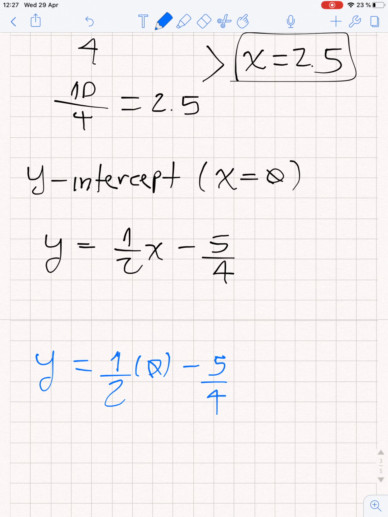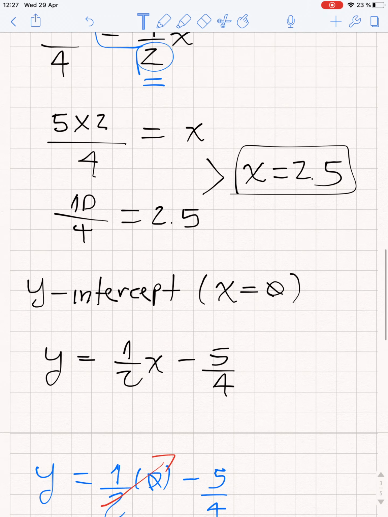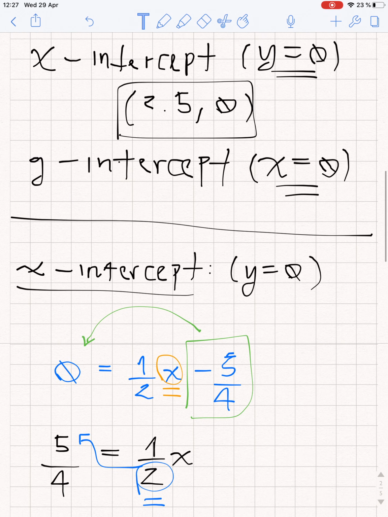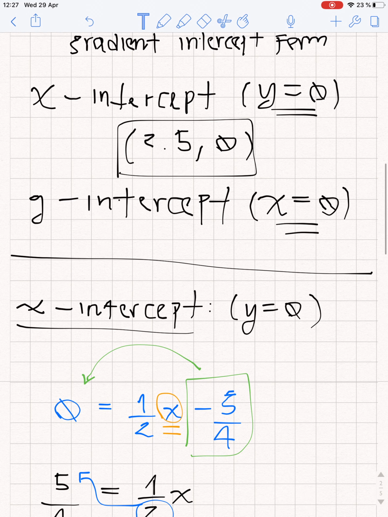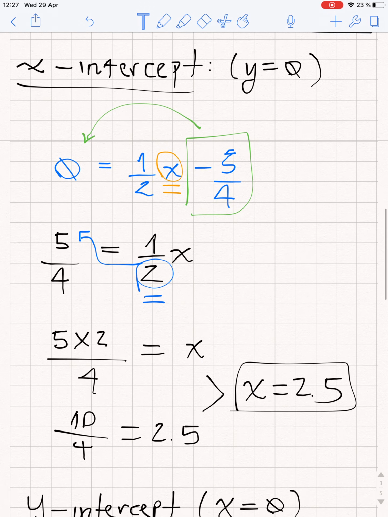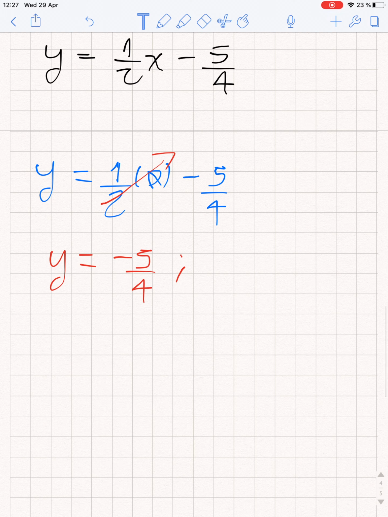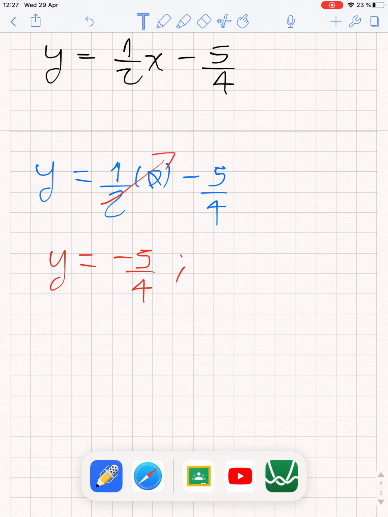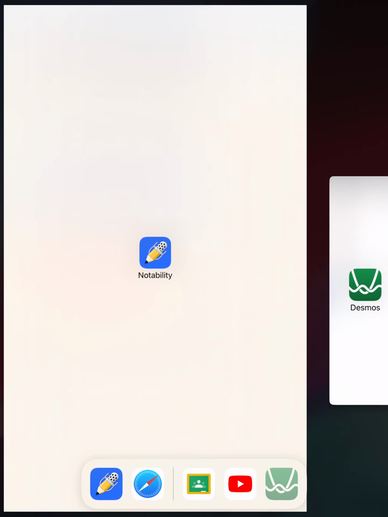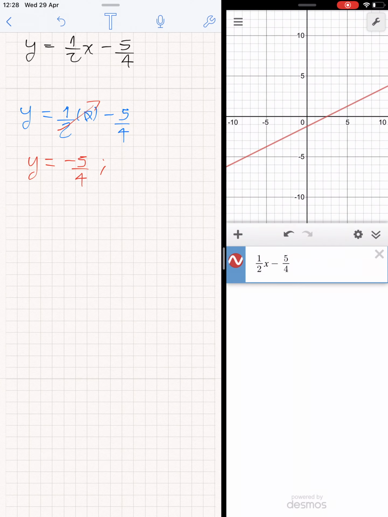That means we can cancel out this part because multiplying by 0 is 0, and the final answer of y is equal to minus 5 divided by 4. In fraction form, the y-intercept is minus 5 over 4. To get the decimal we need a calculator, but in that case we can see Desmos again because Desmos provides the decimal answer.